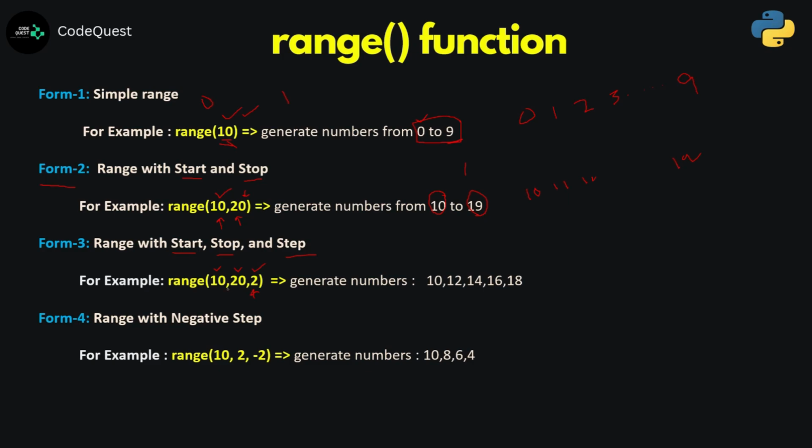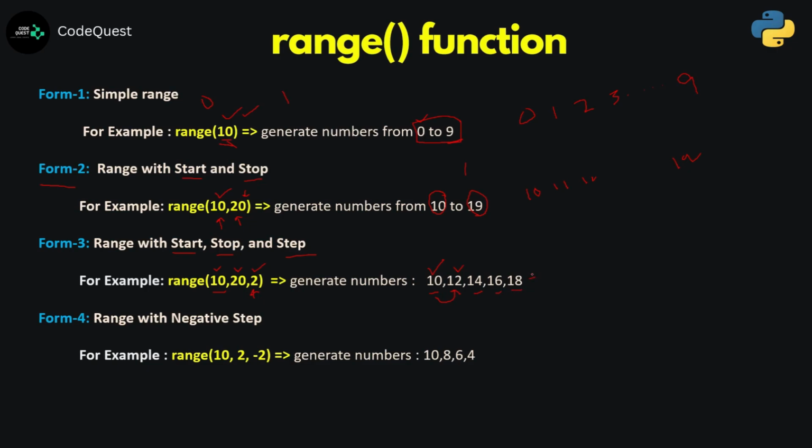So now what values does it generate? It is going to start from 10, and because there is a step of 2, every consecutive value will have a difference of 2. We started with 10. The next value is obtained by adding 2 to the previous value, that is 12. Again 14, 16 and 18.